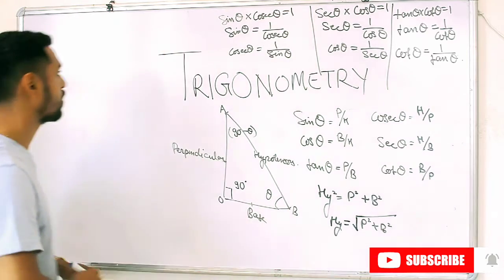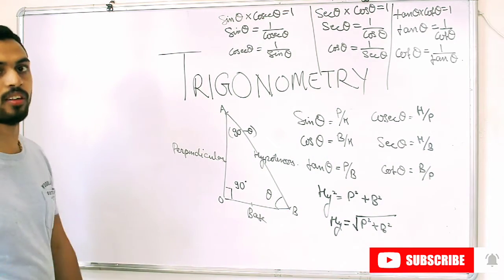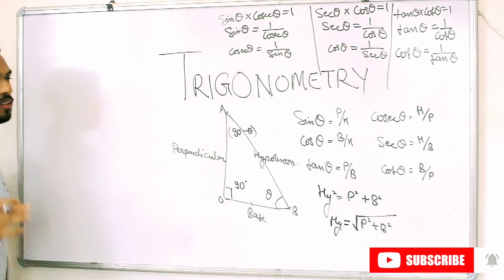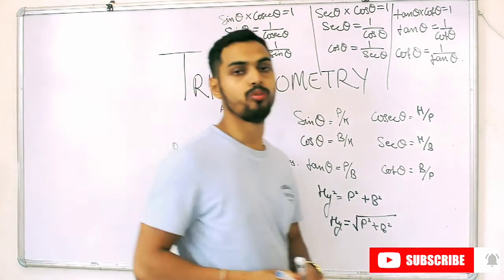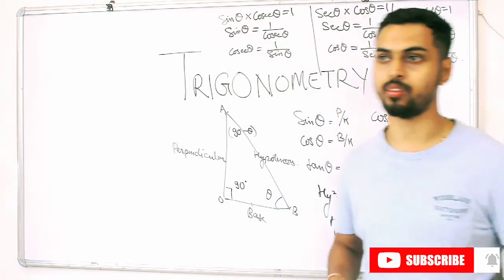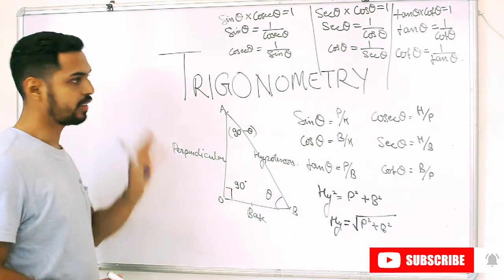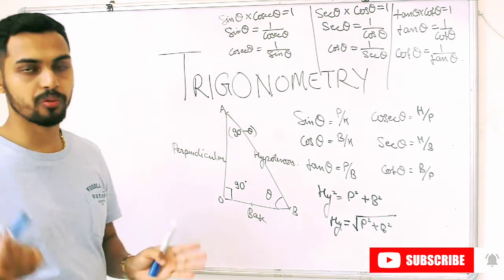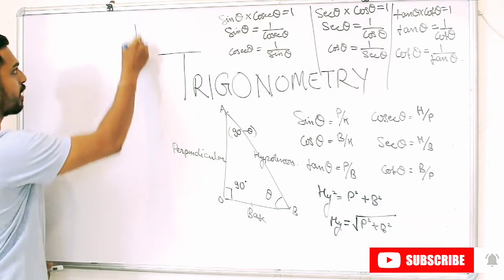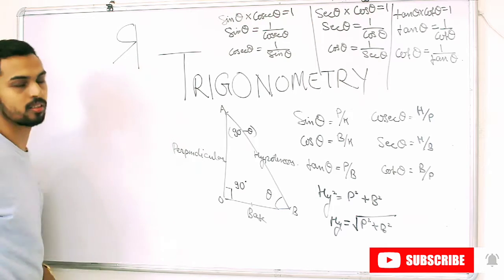After that, we have one trick. Okay, so this trick will be basically for the square formulas. That means whenever we use squares, that trick will be used. And what is the trick? The trick is opposite r.